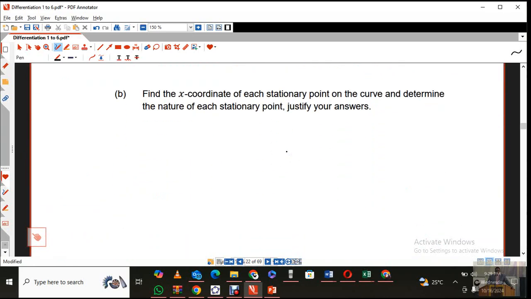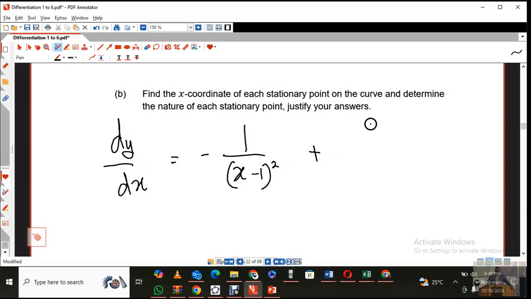For the x coordinate of each stationary point, let us just clear something again. We know dy/dx is equal to, from our previous work, 1 over (x - 1) all squared plus 9 over (x - 5) all squared. So when we bring in words like stationary point, this has to equal 0.